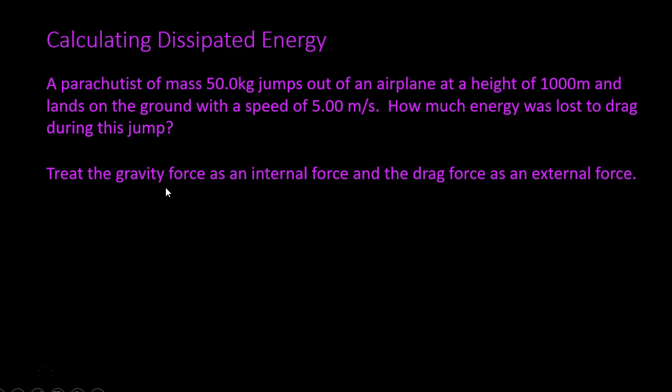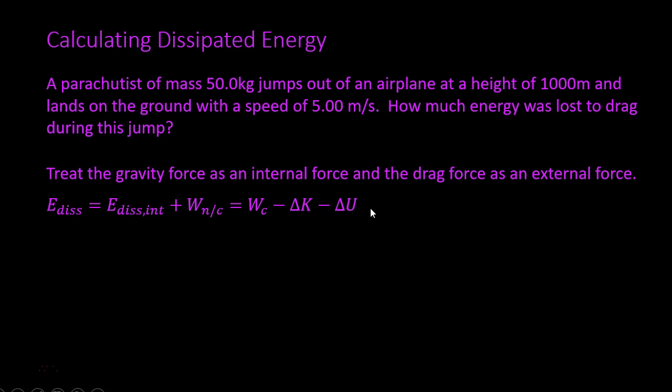I'm going to treat the gravity force as an internal force and the drag force as an external force. And the reason I'm doing that is that it allows me to have no E dissipated internal, and it also allows me to deal with the gravity force through the potential energy equation.